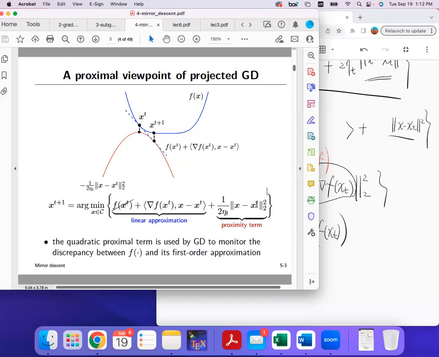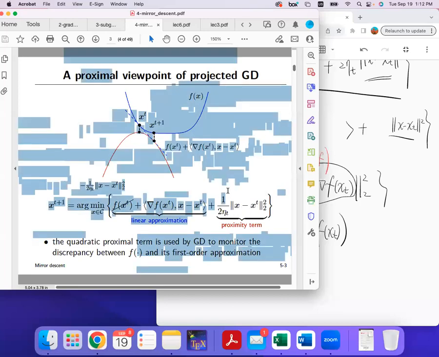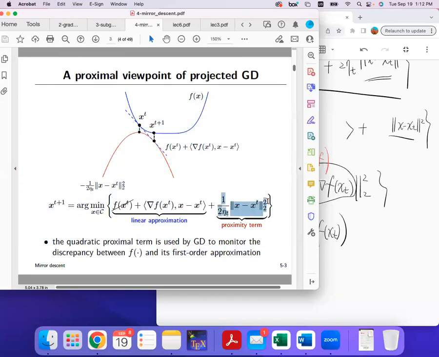Now, there's no reason to only use this L2 norm in the last term. You can use any norm following this strategy, as long as it's something higher order with regard to the previous terms, then it should be okay.